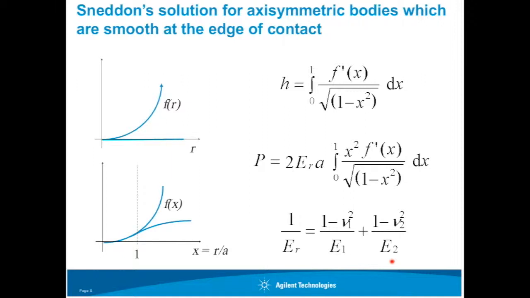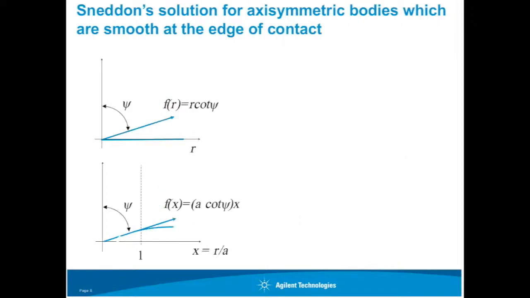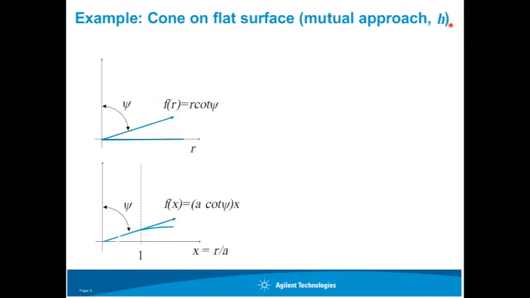Okay, let's look at a very specific, interesting example, a cone in contact with a flat surface. So for a cone in contact with a flat surface, f of r is just a line that passes through the origin and has a slope which is equal to the cotangent of the half-included angle of the cone. We substitute x times a in for r to get the same expression in terms of x, the dimensionless variable x.